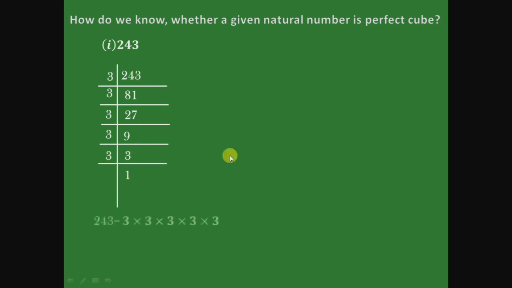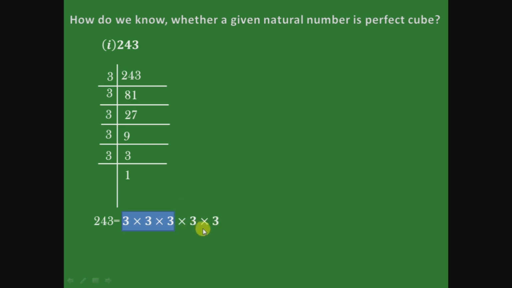So now 243 can be expressed as 3 into 3 into 3 into 3 into 3. Now we need to make groups of three 3s because we are finding a cube. When I group three 3s here, I see that two 3s are left unpaired.